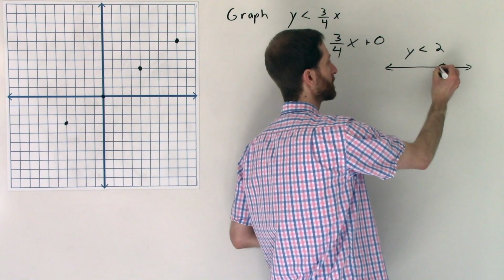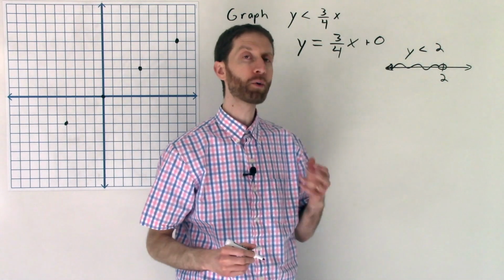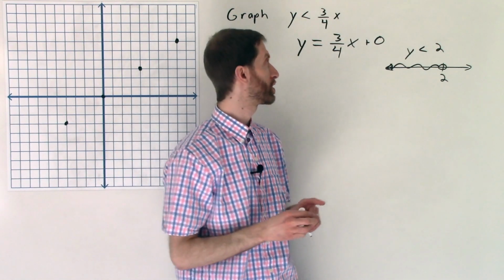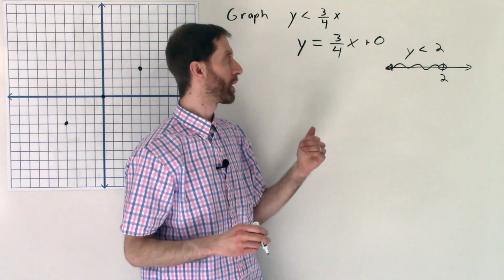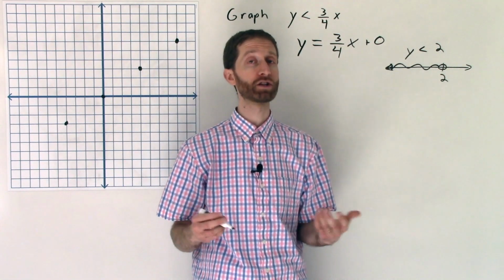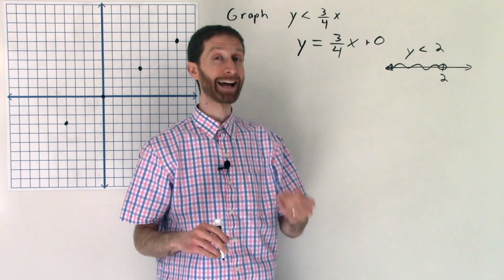And we would shade everything to the left of 2 because it's all values to the left. Well, now we're in 2 dimensions, so we can't just shade to the left or to the right. We're going to shade either above or below all the y values. And we can't just draw open circles because we don't have a single dimension. So to represent open circles, we would do a dotted line.